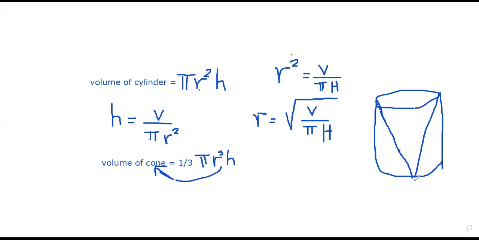If I want to fill this cylinder, how many times of the cone will it take? We said the cone is a third of the cylinder, so if we start with the cylinder, how many times? 3 times. Understood? Yes. So the cone is a third of the cylinder, and the cylinder is 3 times the cone if they have the same base and same height.